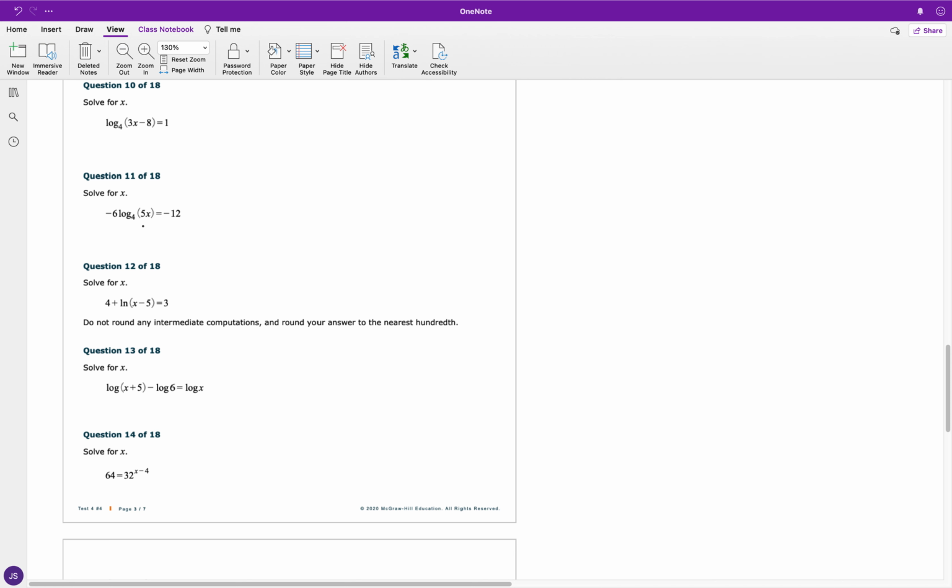-6 times the base 4 logarithm of 5x is equal to -12.